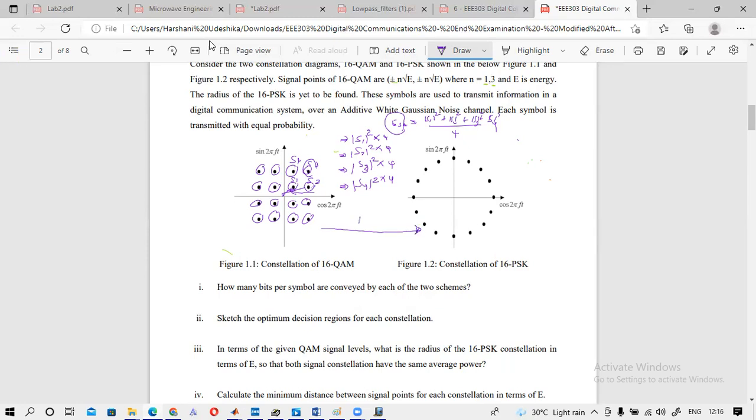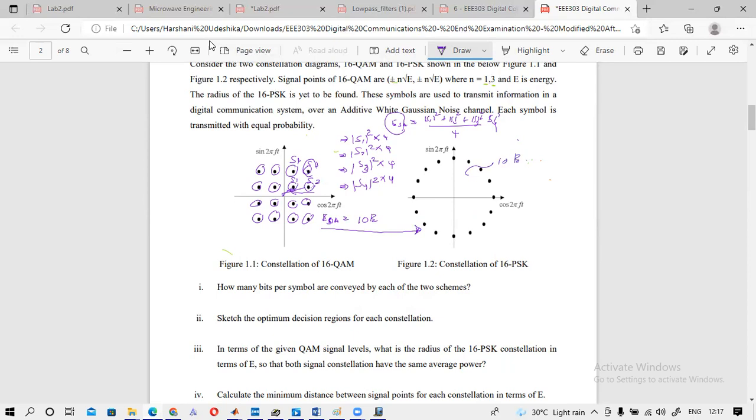So here I get 10E average energy, the average symbol energy. Now for this one also the average energy should be 10E.